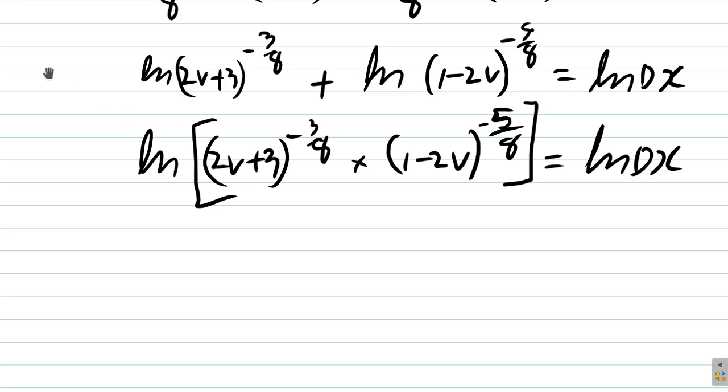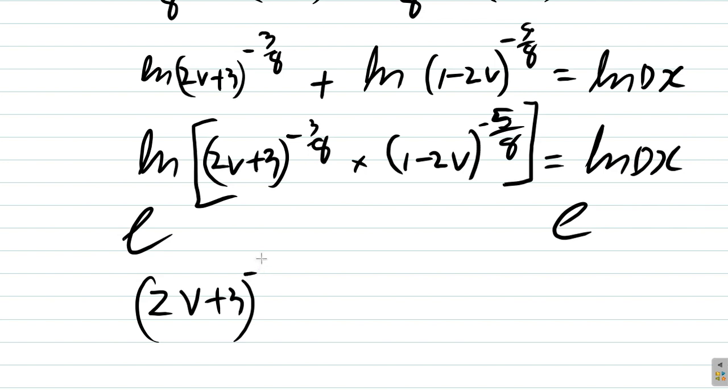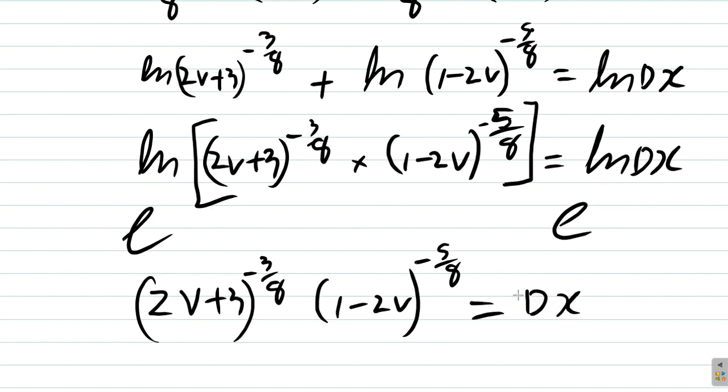Now, if we have e to the what is on the left equal e to what is on the right, e to the ln of a number is equal to that number, whatever the number is. So what we have is (2v + 3) to the negative 3/8 times (1 - 2v) to the negative 5/8 equal e to the ln dx, which just gives you dx.